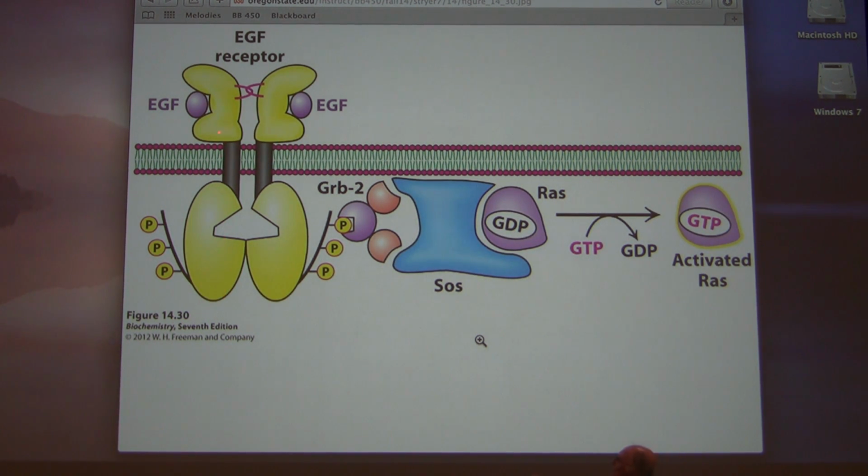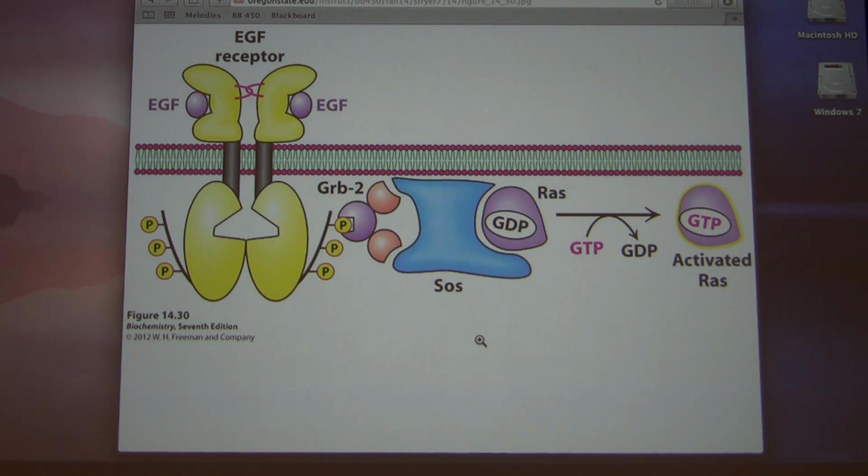When one receptor for epidermal growth factor binds to EGF, its shape changes slightly. The shape change involves this little red thing right here. The red thing is normally folded up inside the cell. But when an EGF receptor binds to EGF, this red thing sort of sticks its hand out. Well, it takes another receptor binding to EGF to stick its hand out, and the two hands interlock. That's how the dimer forms.